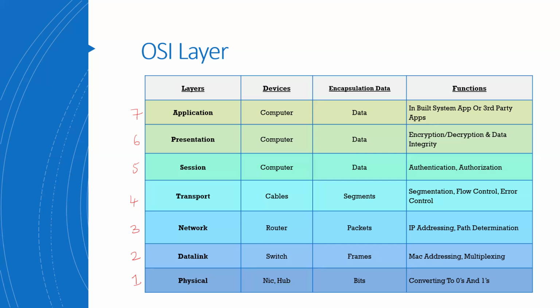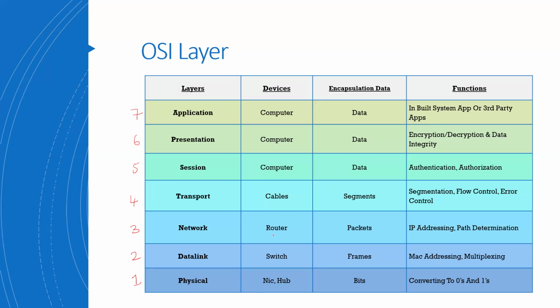Examples of the data link layer are Ethernet switches and network interface cards, which operate at the data link layer. So in the data link layer, we will be using a switch.